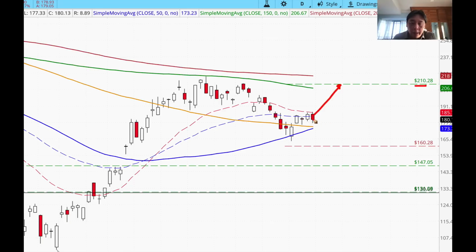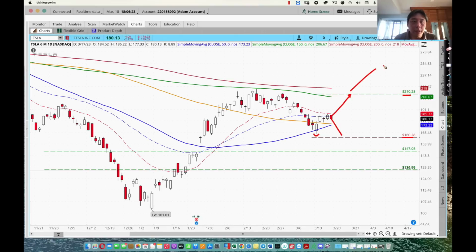Now, if it goes down, at some point you want to cut your loss. So usually you put a mental stop loss below the recent swing low. So we could put a mental stop loss at 160. So we tell ourselves that if Tesla goes to 160, we cut loss, we are out, right? If it goes to 210 and above, we're going to take profit, okay?